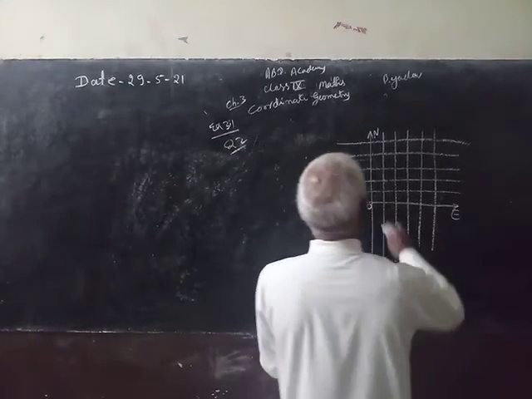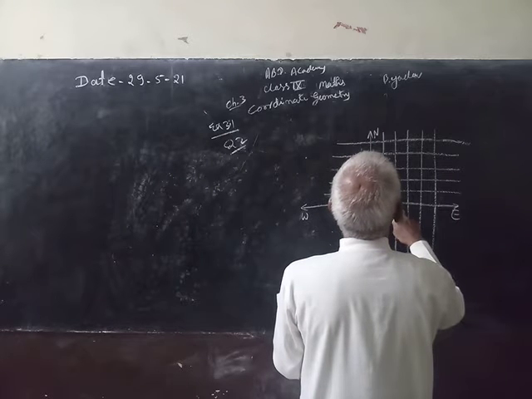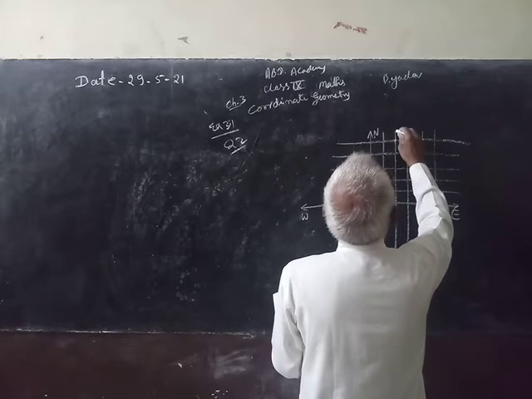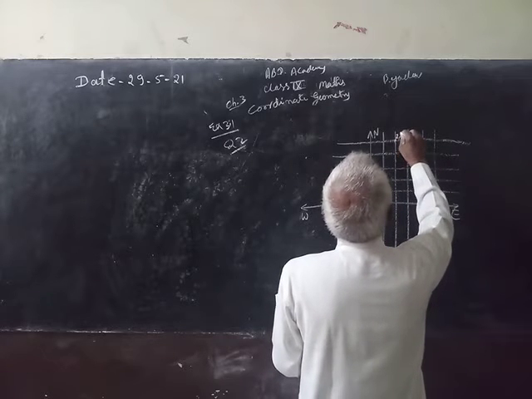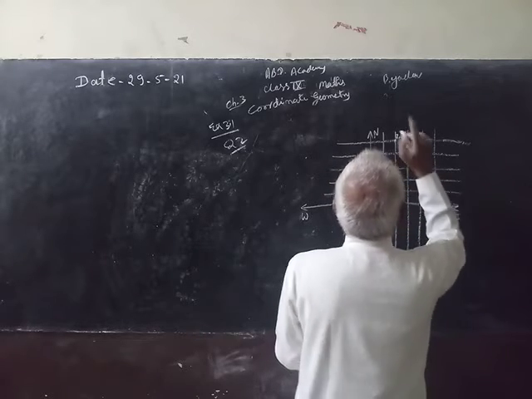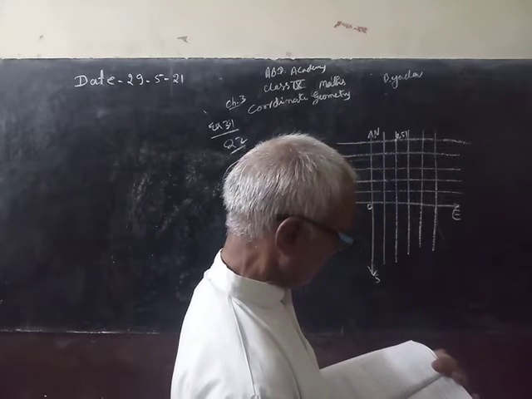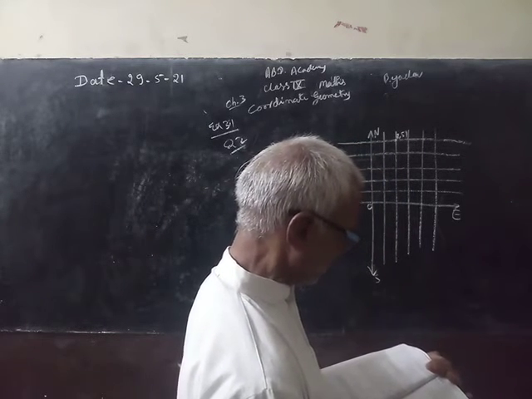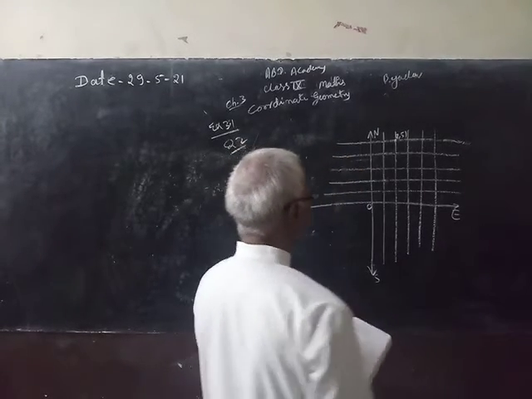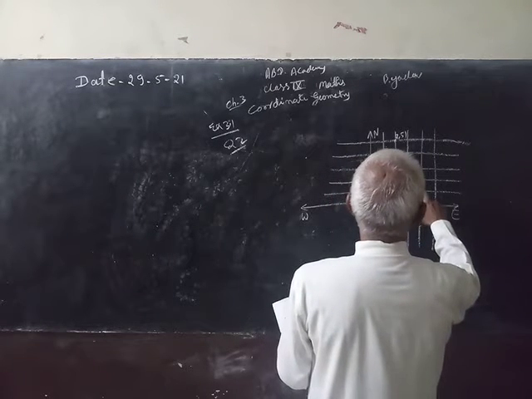Means north-south second street and east-west fifth one. 1, 2, 3, 4, 5. Here they meet, so this point is called 2 and 5. Using this convention, find how many cross streets can be referred to as 4, 3. 4, 3 will be here: 1, 2, 3, 4 and 1, 2, 3.